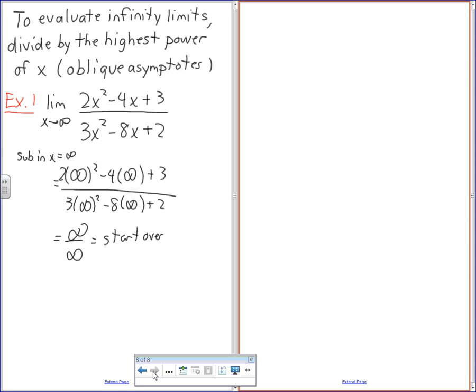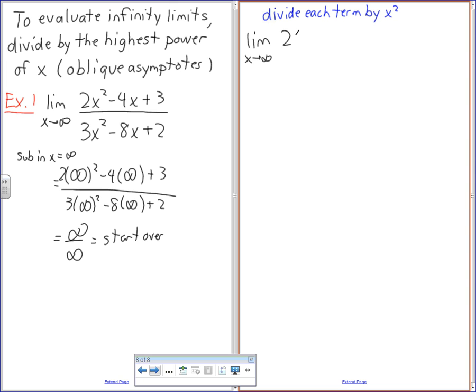Yeah, they will cancel out. Okay, we're not going to factor though. What we're going to do is divide each term by x squared. This should be from the last semester, I hope. Maybe you didn't call it limits though.